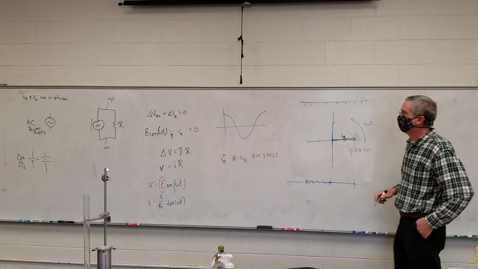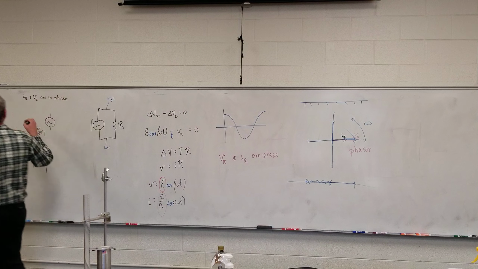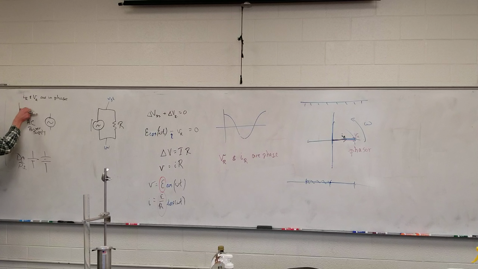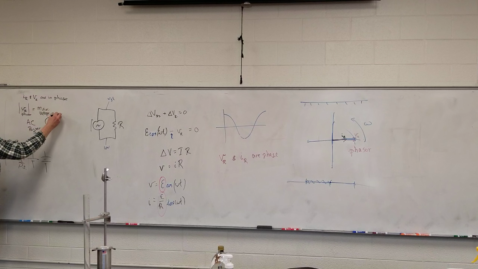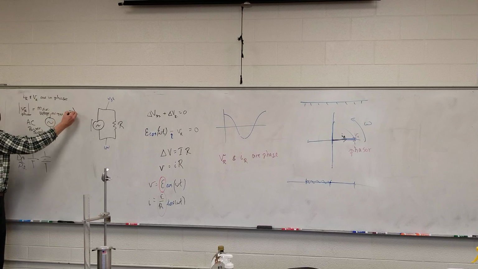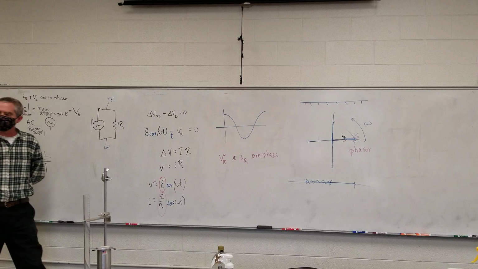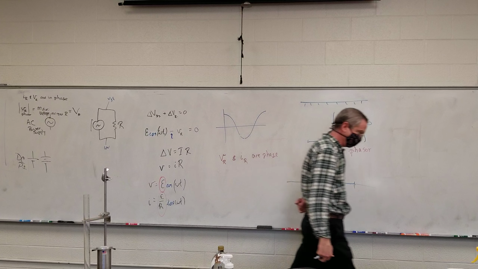So the length of the V_R phasor, no real set notation on that one obviously, is just the maximum voltage across the resistor.